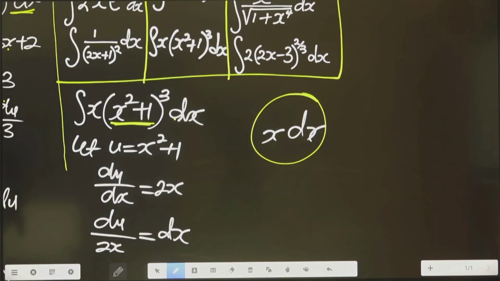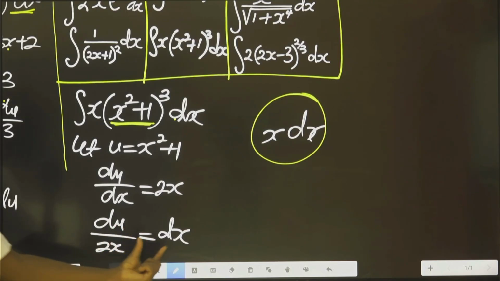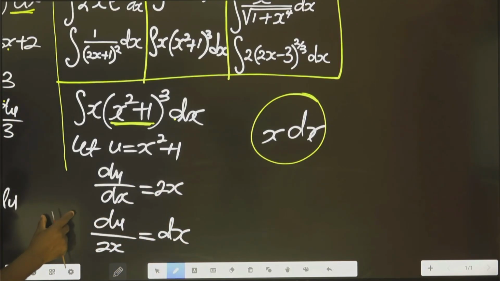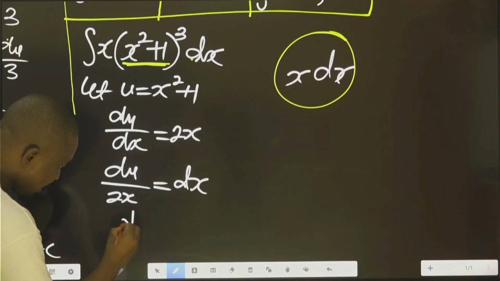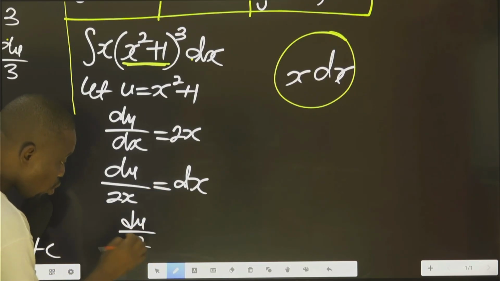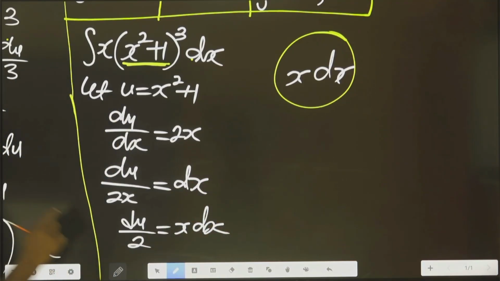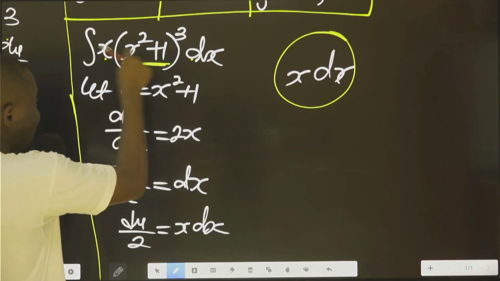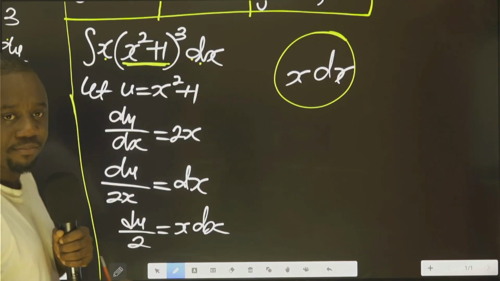So what we need to do now is to find how to bring x out so that the two of them can come together. It means therefore from here we are going to have, instead of just this, du over 2, so that this x will follow the dx. You understand now? Now we have succeeded in putting these two together so that du over 2 can replace them.